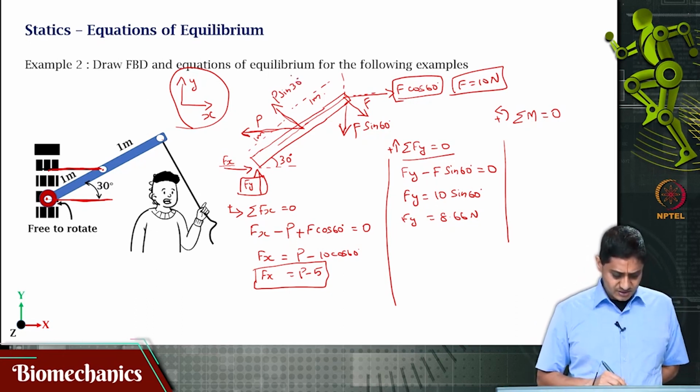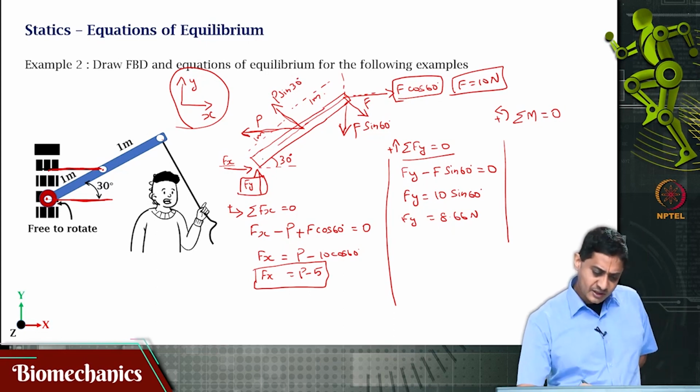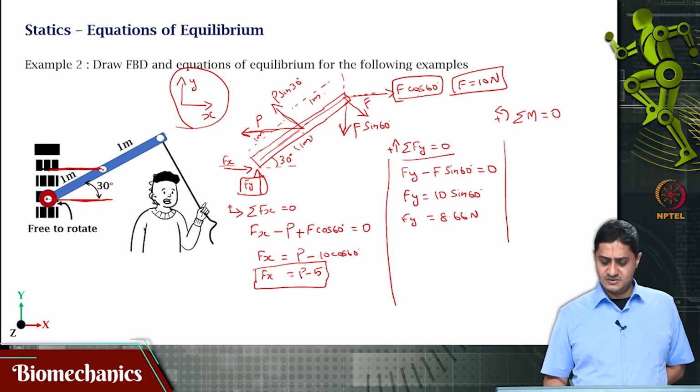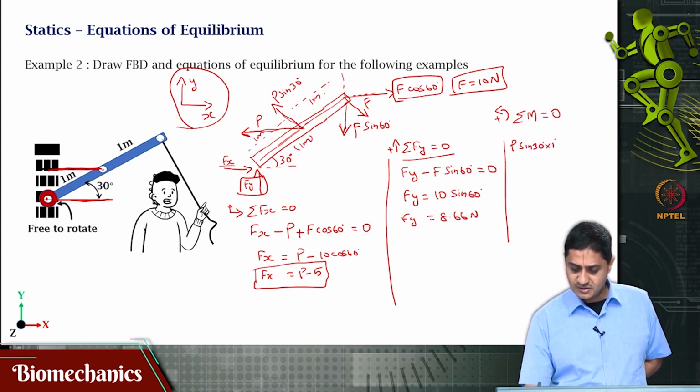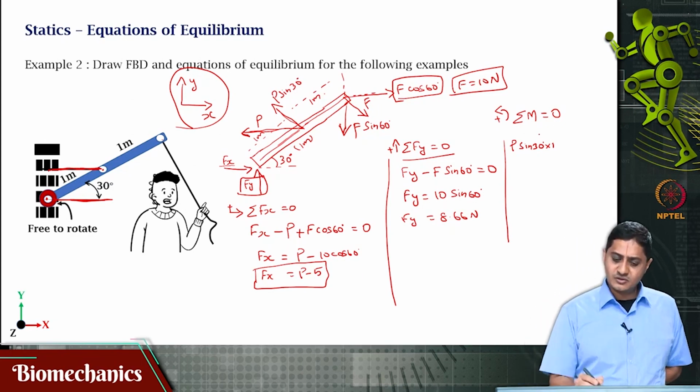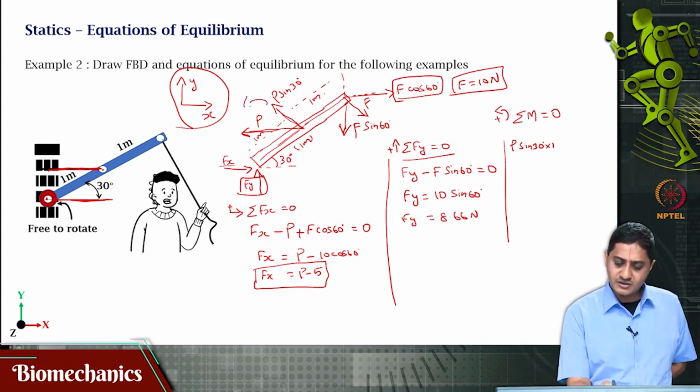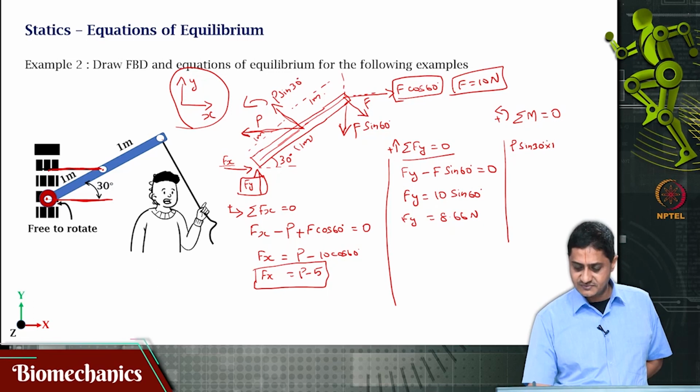That will cause a moment, and the corresponding moment arm will be 1 meter. So, I am writing the force as P times sin 30, and the corresponding moment arm is 1. Is it a clockwise moment or a counterclockwise moment? That will be a counterclockwise moment. So, that is positive.